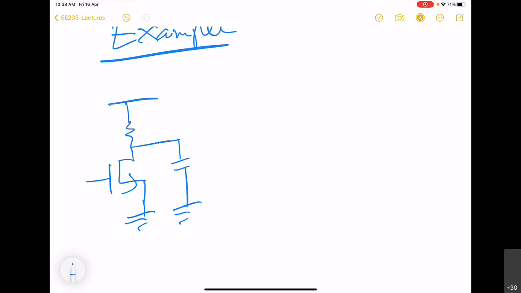So here we have one common source amplifier which is loaded capacitively, and we are going to cascade three such amplifiers.